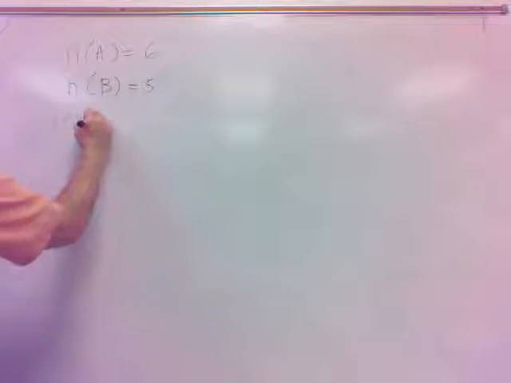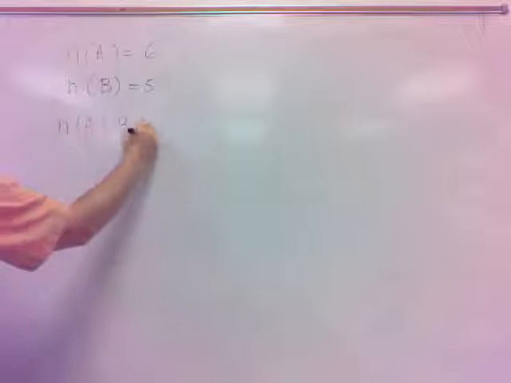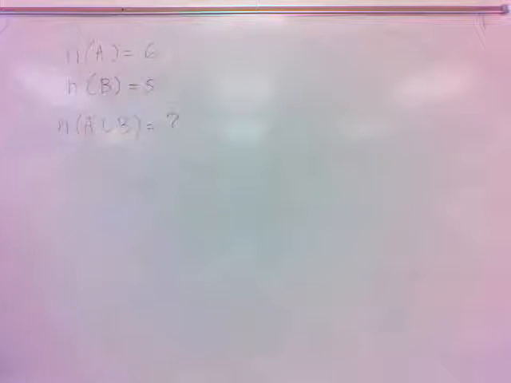What does this mean? N of A equals 6. The number of elements of A is 6. The number of elements of B is 5. Could you tell me then this, which means how many elements are in the union of A and B?